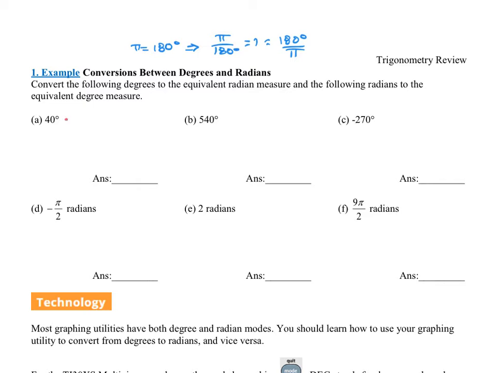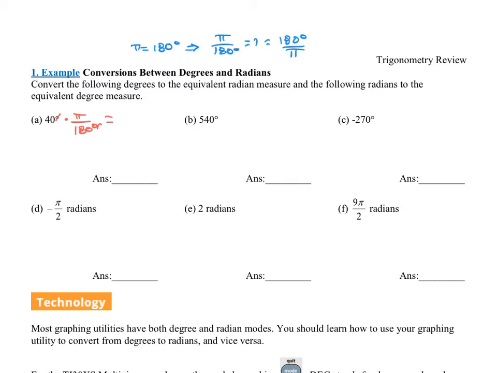So look at this one right here. If we start off in degrees, 40 degrees, if I don't want to change it, I still need to multiply it by a 1. I'm going to do pi over 180 degrees. Why did I choose pi over 180 degrees? Because I want the degrees to simplify.